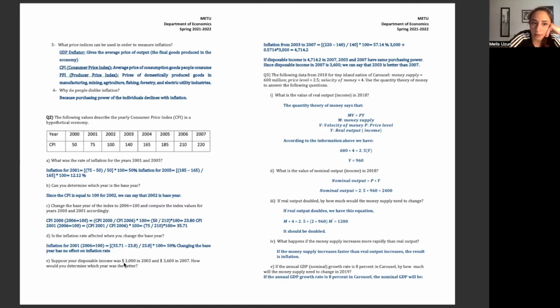And if we multiply it by 3,000, because we have 3,000 income in 2003, we will find that it will be equal to 4,714.2.